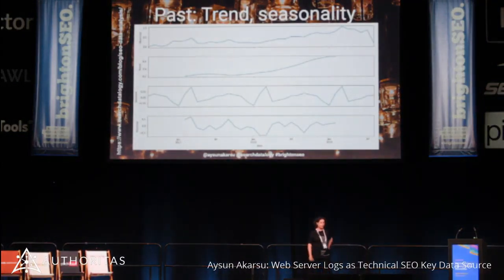Otherwise, with the past data analysis, you can analyze the trend and seasonality on the site. On this graph, we are seeing trend and seasonal analysis of active pages, 3 years of active pages on a site. Here, when we talk about seasonality, it's not in plain English, but it is repeated cycles.